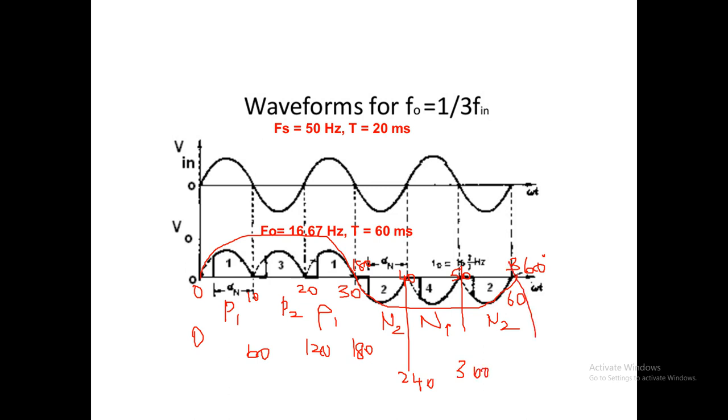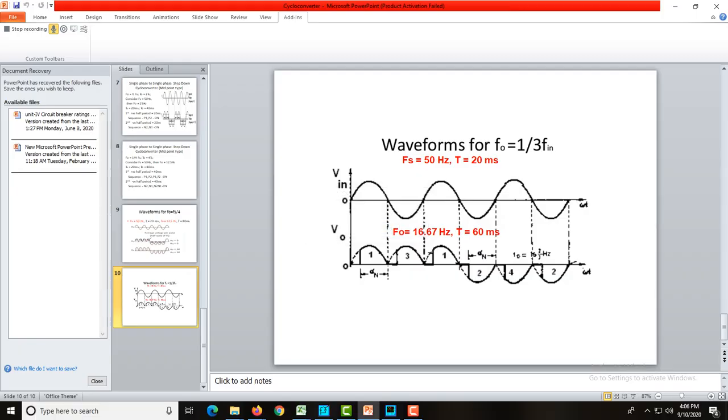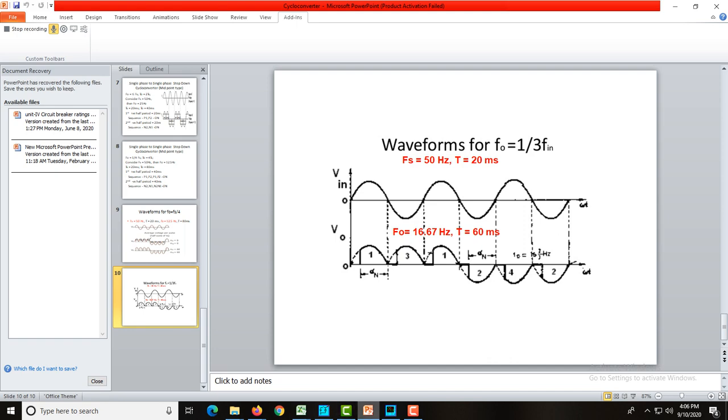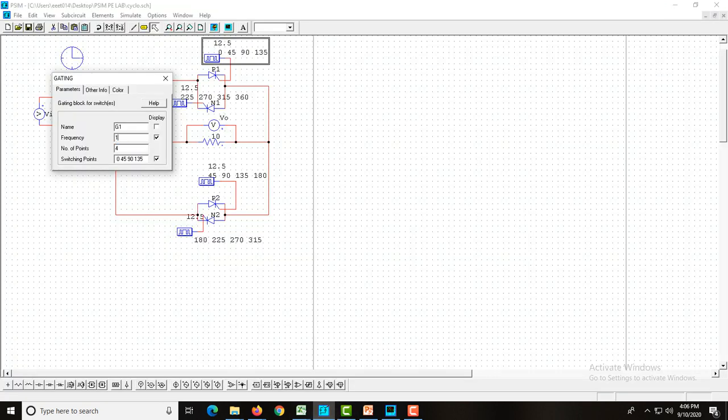So this thing we can realize in PSIM. Here we have to change the frequency to 16.67 hertz for all the gating blocks. So all the gating blocks we have to change to 16.67.